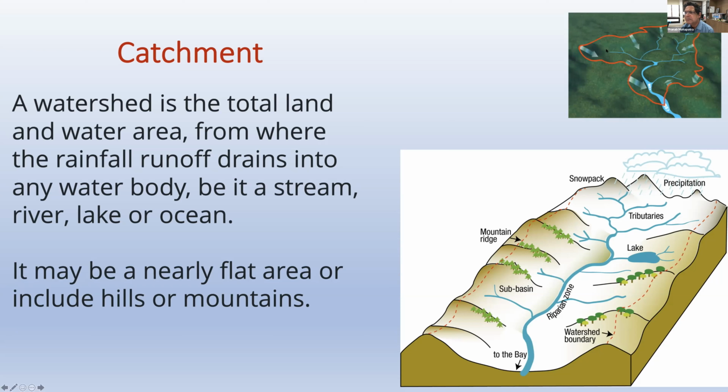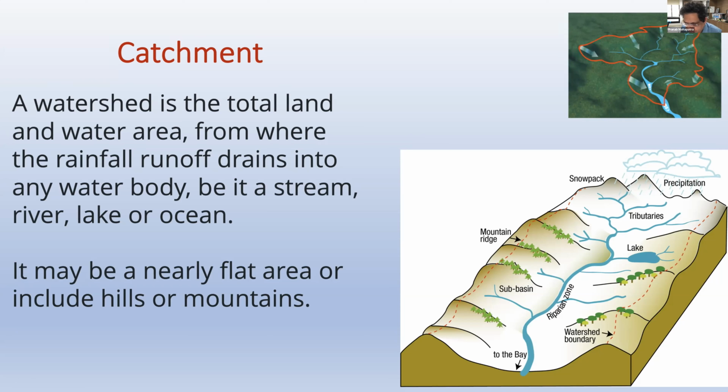Water may come through several locations, as these blue lines indicate, and travel through different paths, but essentially it has to go through that single point of exit. And if rain falls outside this red line, it will not come into the catchment. So the catchment is defined by this.